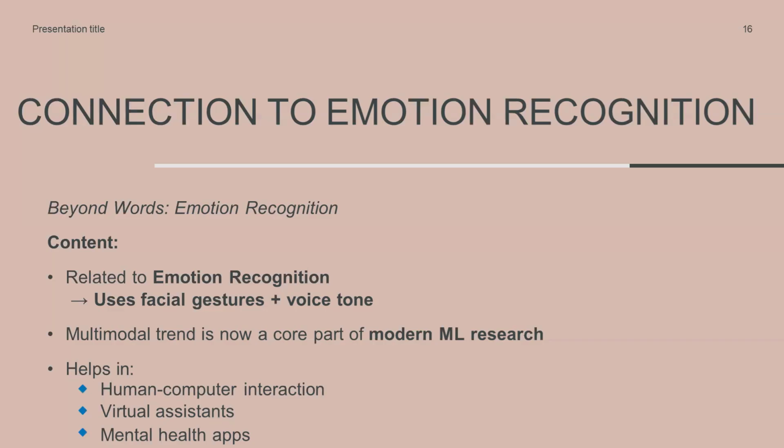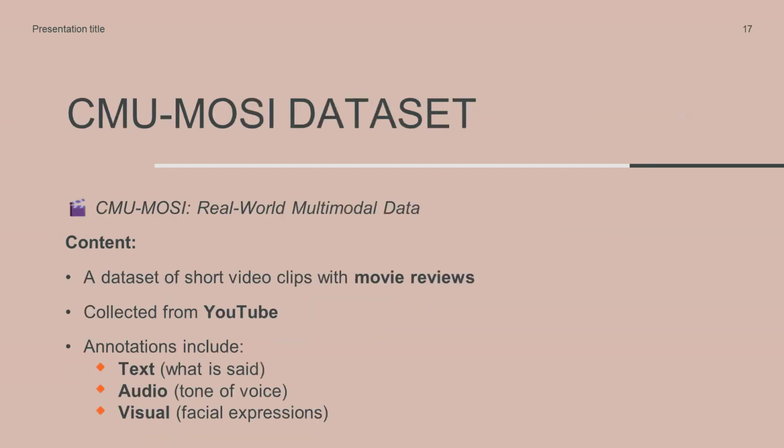While sentiment analysis typically looks at positive or negative opinions, emotion recognition aims to reflect specific emotional states like happiness, anger, sadness, using facial gestures and voice tone in addition to speech. This aligns with the multimodal trend we've discussed, and it helps in human-computer interaction, virtual assistants, mental health apps, etc. CMU-MOSI dataset.